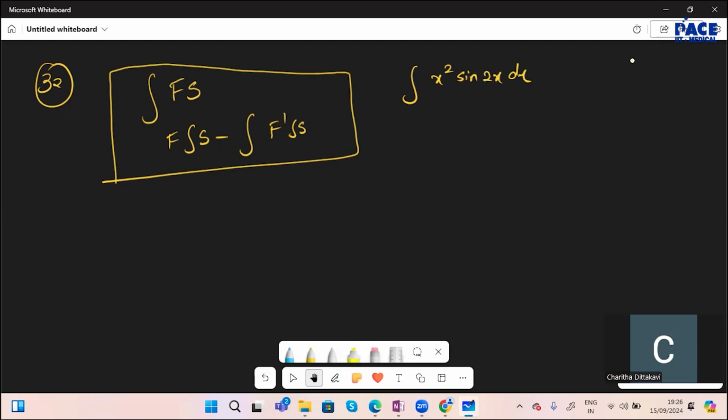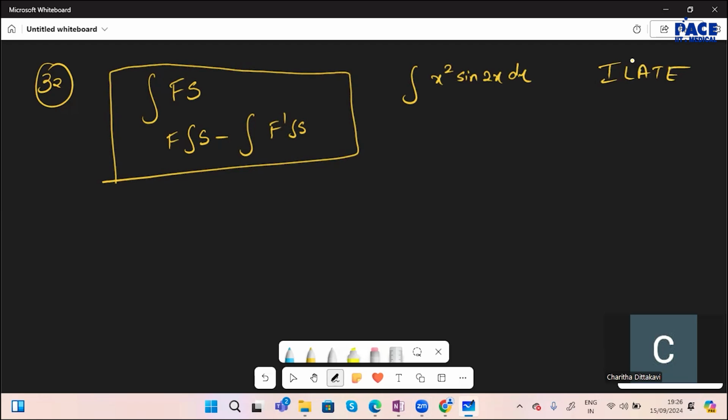Generally we go with the order ILATE. It's not that you need to strictly follow this pattern, but if you do, it is a better option because the second function we select should be easily integrable.